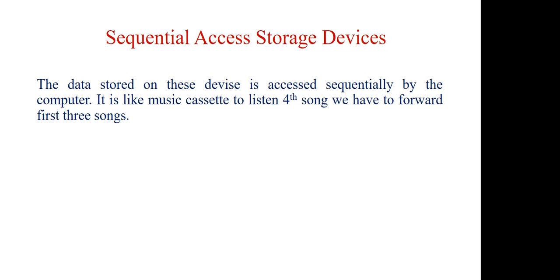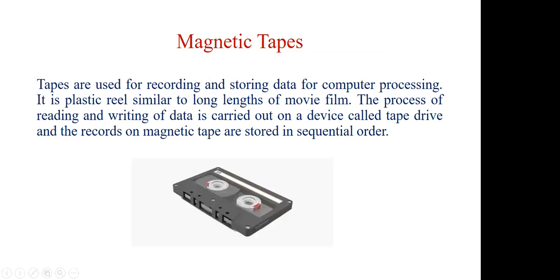That's why it is called sequential access: if we have to go to the last word of the file, we have to read all the words or sentences from the beginning to the last. So sequentially we are moving to the last one.